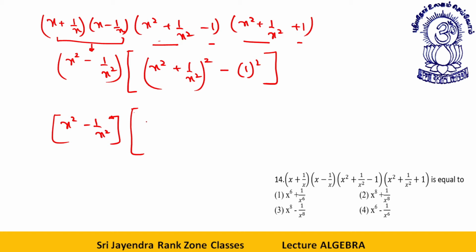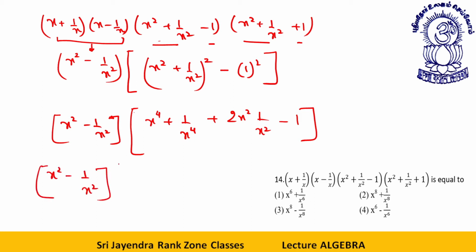If I solve this (a + b)², it becomes a² + b² + 2ab − 1. This becomes what? (x² − 1/x²)(x⁴ + 1/x⁴ + 2 − 1).